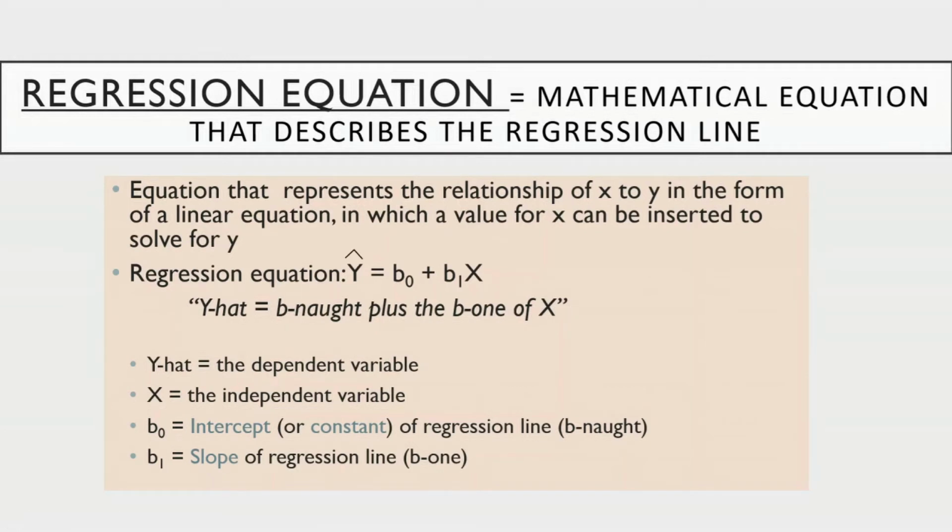And that is our regression equation. Now, the y hat is going to be the predicted dependent variable. The x is the independent variable. The b naught is our intercept, or constant, of the regression line. And the b1 is our slope of the regression line.